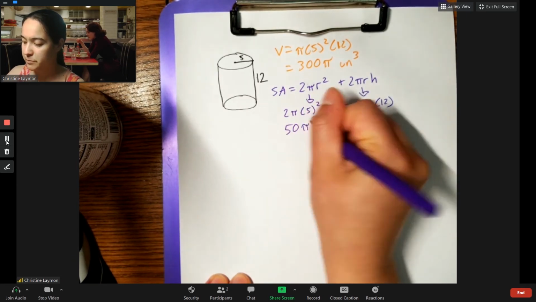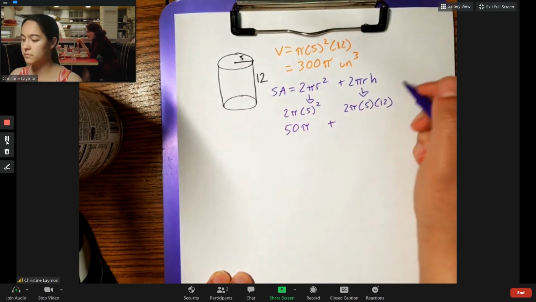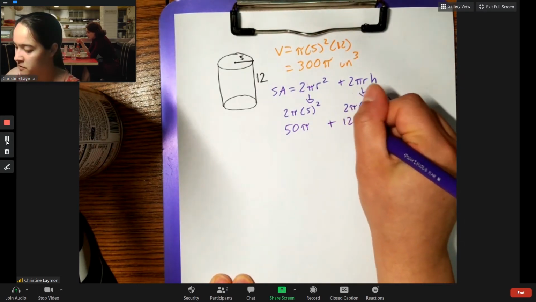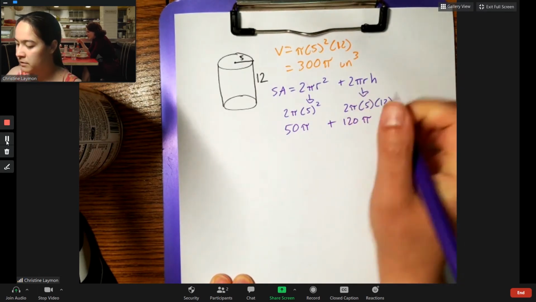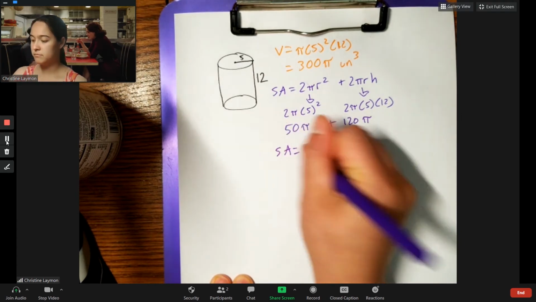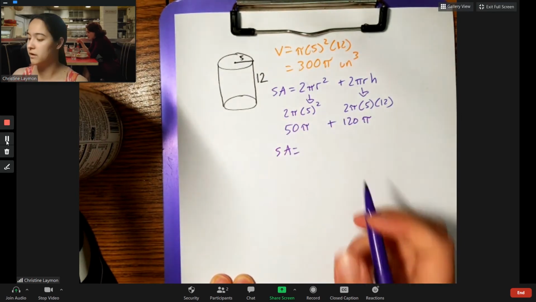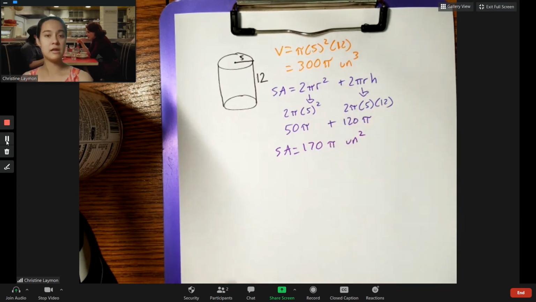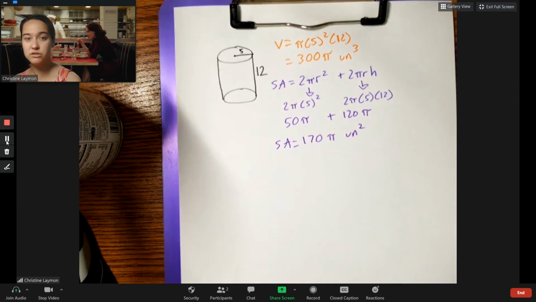So 50 pi plus 2 times 5 is 10, 10 times 12 is 120, 120 pi. So put them together, and your surface area is 170 pi units squared.